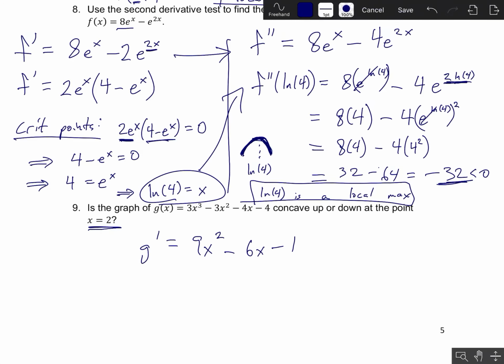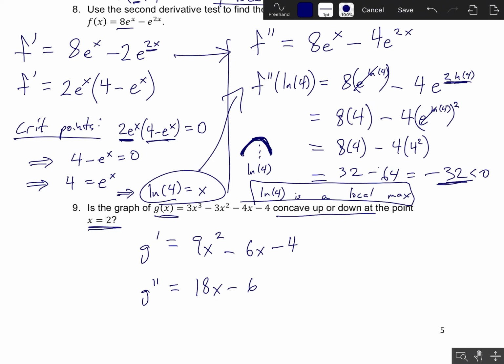The derivative of that will be a negative 6x, and then the derivative of that third term will be a negative 4, and the derivative of the last term will just be 0. So this is g prime, but we're not done because we're looking for concavity, so we want to compute g double prime. If I take a derivative of g prime, then what I'll get is an 18x minus 6.